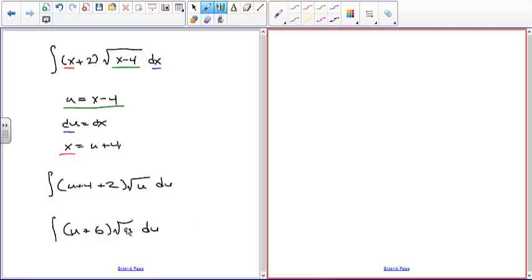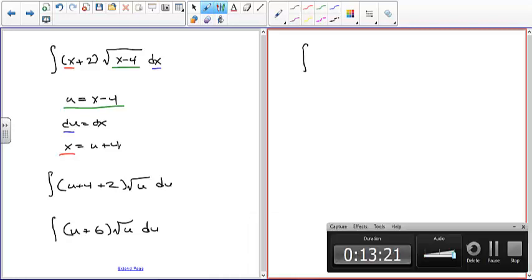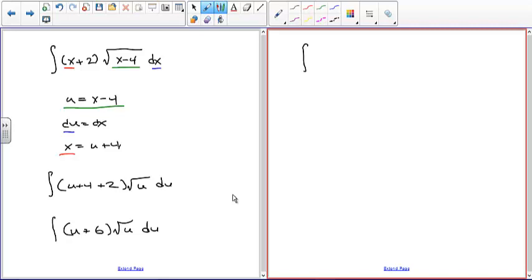You're going to convert this to u to the 1/2 power, and then multiply this by u to the 1/2 and that by u to the 1/2. Okay, so that's what you get.